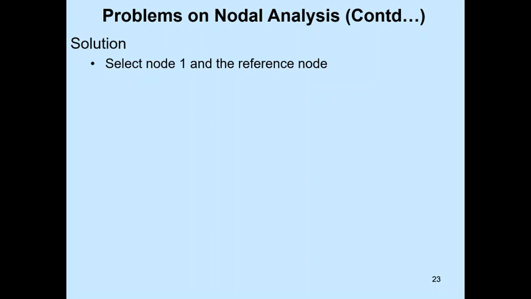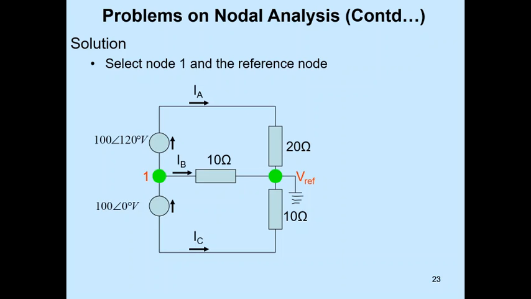See, select node 1 and the reference node. So here only one equation is possible because only two nodes are there, that is node 1 and the reference.